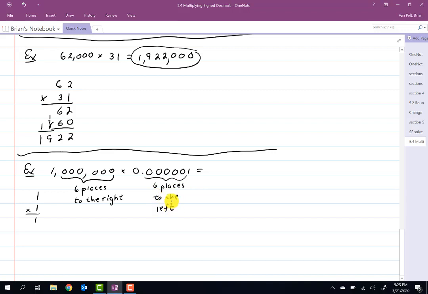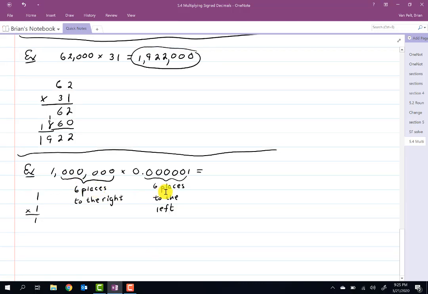Notice they're slightly different here. This had 6 zeros. This had 6 places after the decimal. Slightly different. All right, anyways, my answer then, well, what happens? Moving to the right 6 places and then to the left 6 places is to do nothing. And all you get is 1.